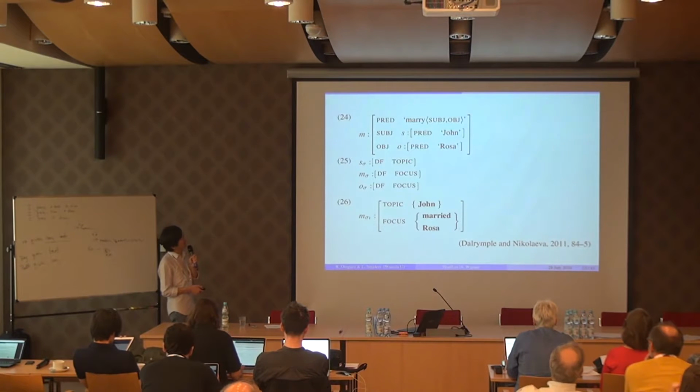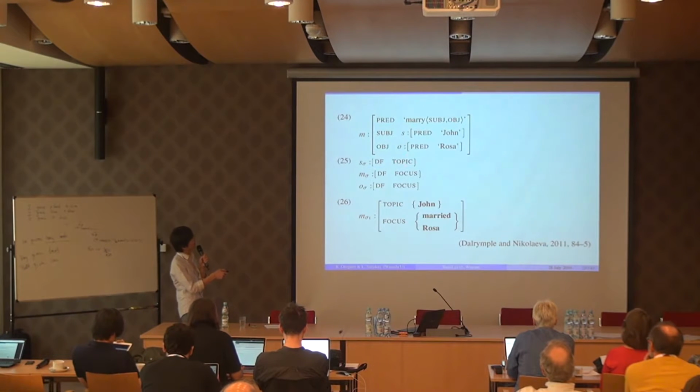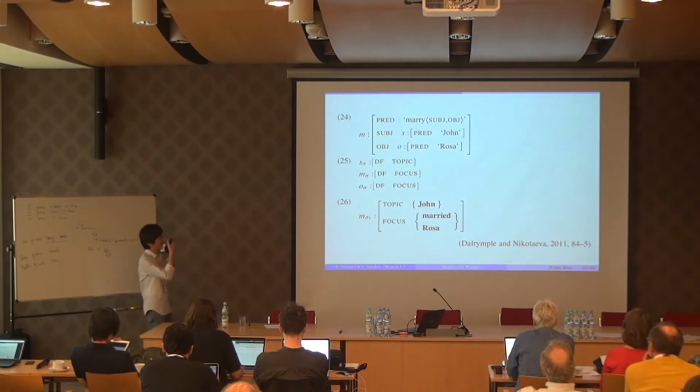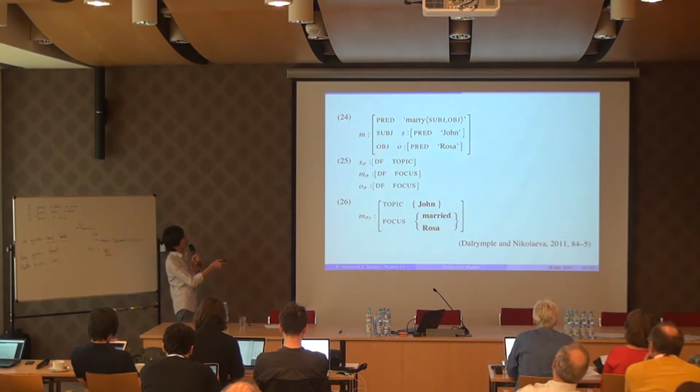So we get the f-structure in 24 and the s-structure in 25. So this sigma corresponds to the subject, John. The DF value of John is a topic, so this is a topic phrase. And then married corresponds to this sigma. Again, the DF value is focus, and the object Rosa is also focus.